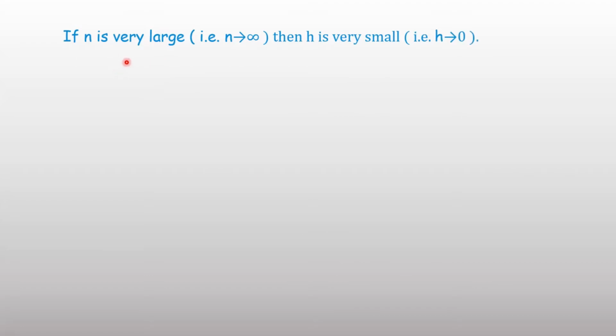Therefore we can write that if n is very large, means n tends to infinity, then h is very small, or we can say h tends to 0 or h is approximately equal to 0.